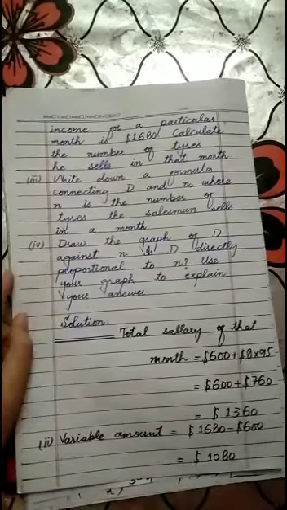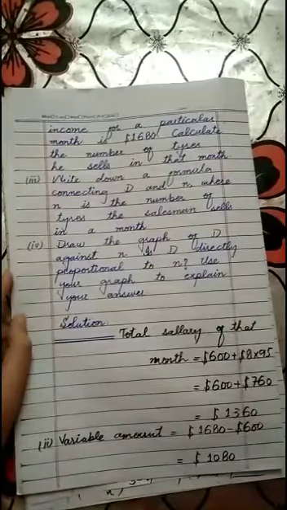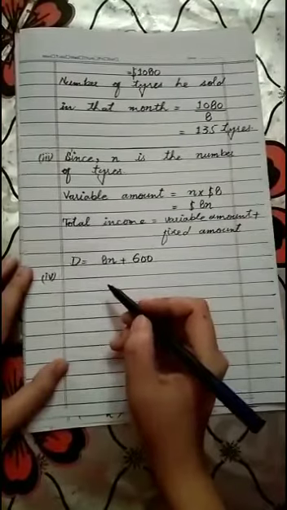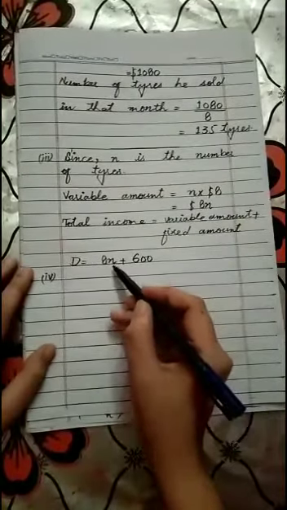Question number 4, part number 4 is to draw a graph between N and D. Students, this type of question you have done earlier in exercise 1A. A lot of questions you have done on drawing graphs.